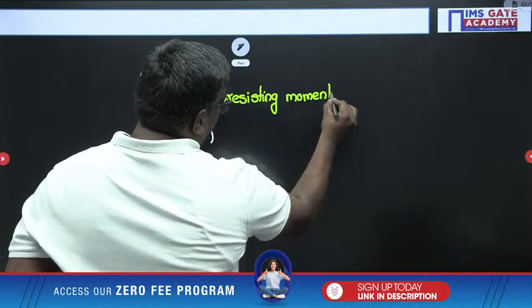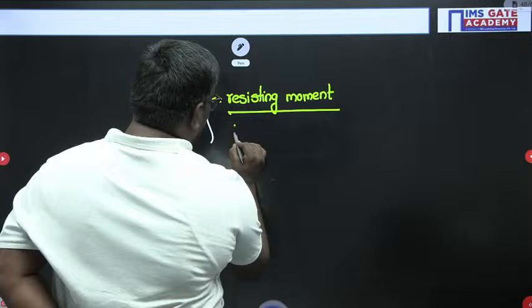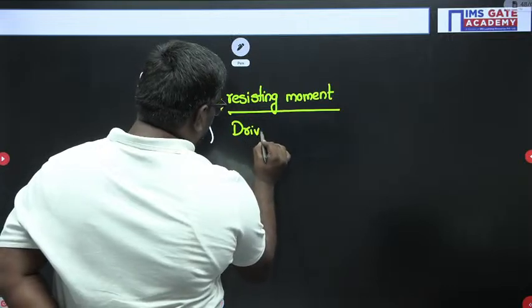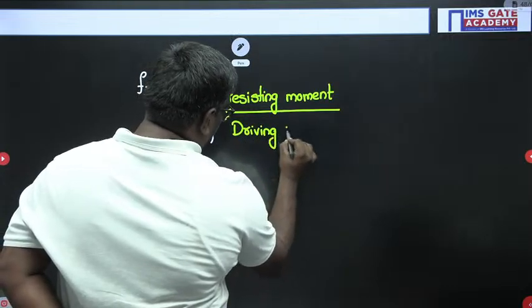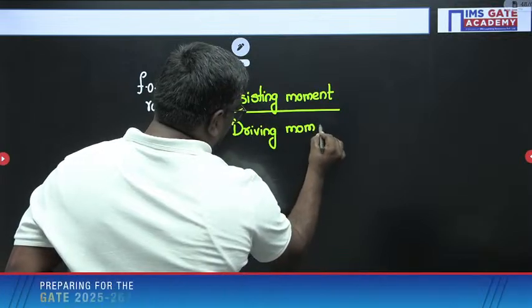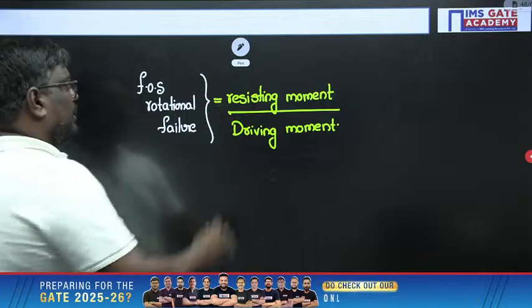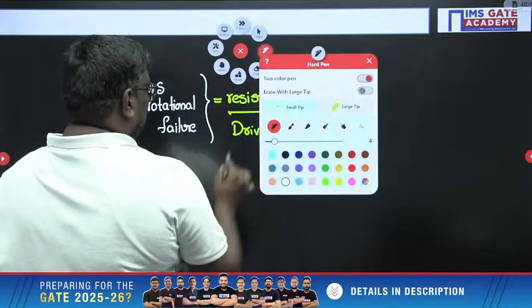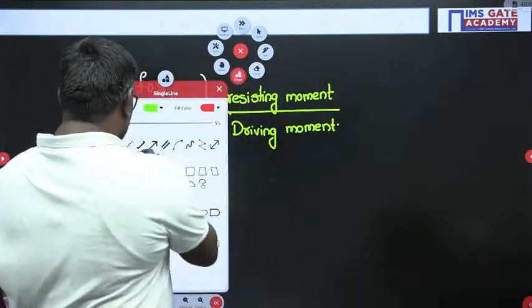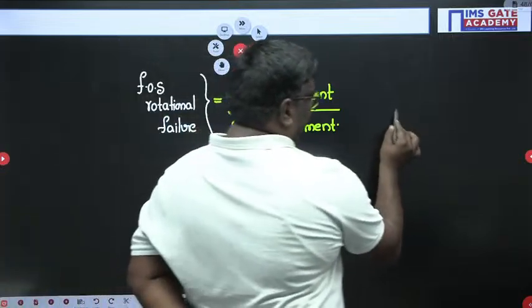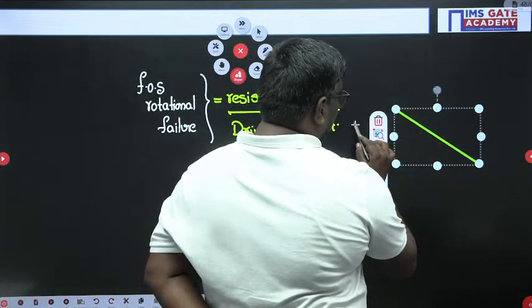It is defined as the ratio of resisting moment upon driving moment. What do you mean by resisting moment and what do you mean by driving moment? We will discuss here. First, we will have a concept here.